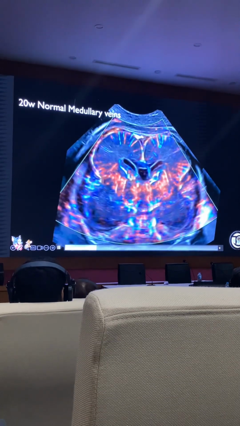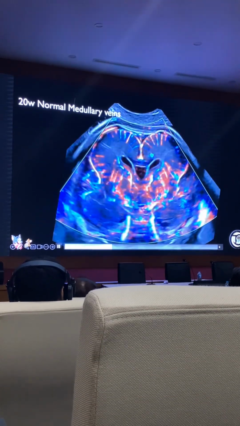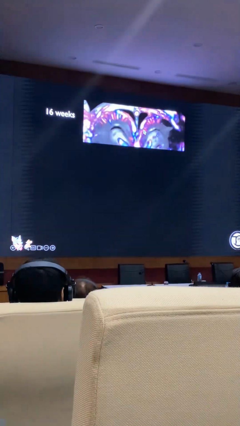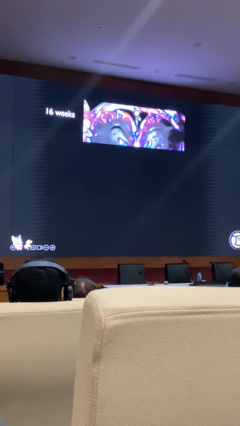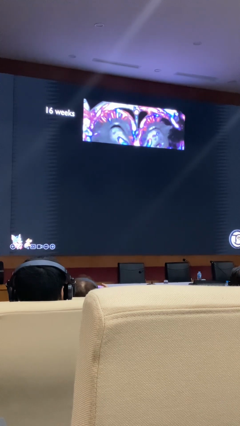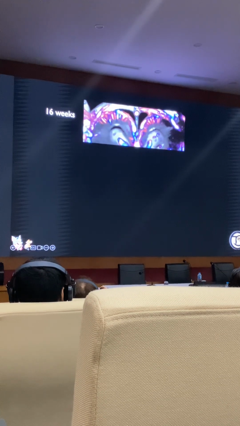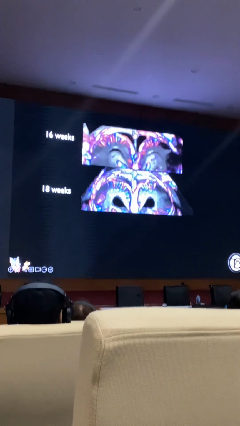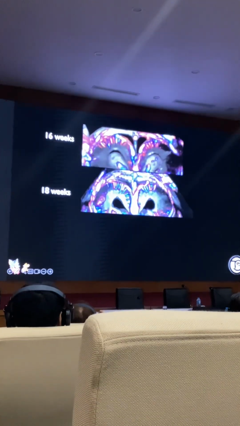So here you can focus on those medullary veins. Okay. So at 16 weeks of gestation, you can see the red one. Red means going up, okay? But at 18 weeks of gestation, you can see the red plus blue.